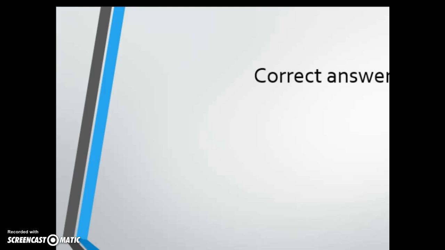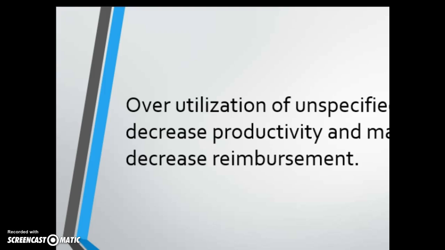The correct answer is C. So hopefully you selected the correct answer. Overutilization of unspecified codes will decrease productivity and may in turn decrease reimbursement. And eventually it will. Also, one physician whose presentation I listened to had a very good point. He said, think of it this way. Let's say you submitted your codes and there was some information missing.